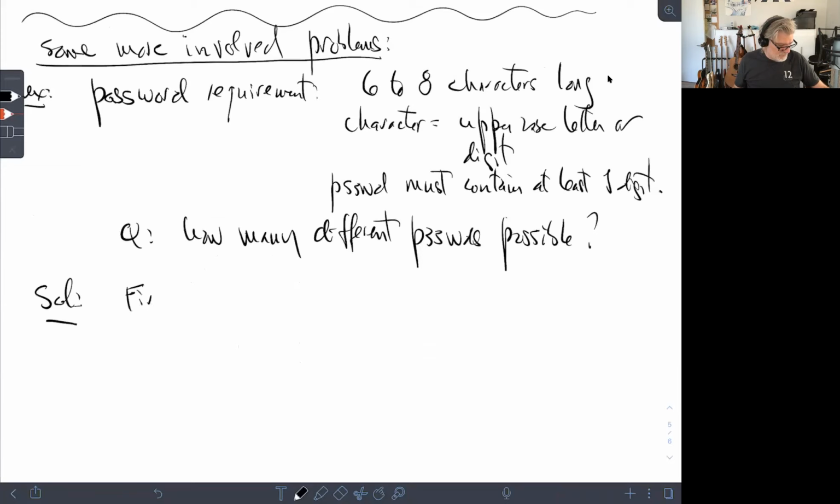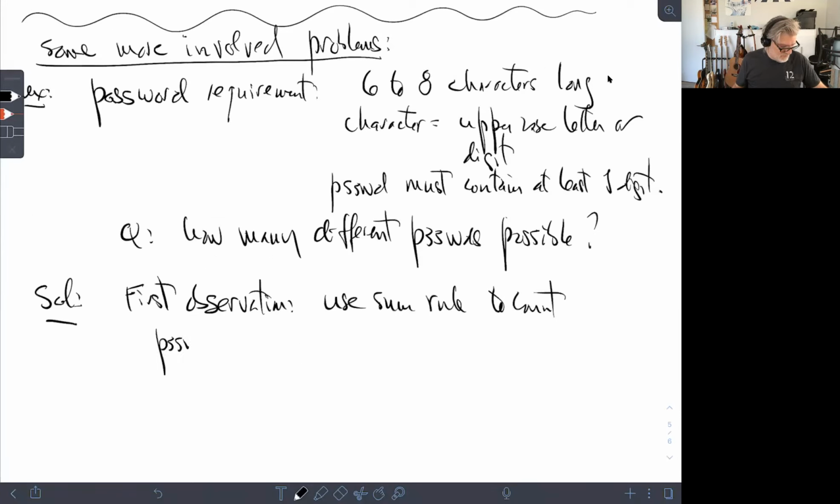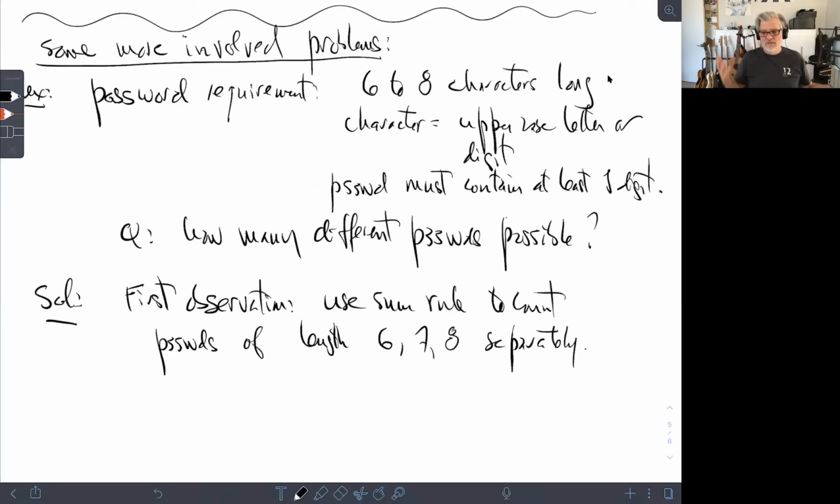So first observation, use the sum rule to count passwords of length 6, 7, 8 separately, right? The sum rule is a fancy name for just saying, I'm going to count those with 6, those with 7, those with 8, and add them up. There are no duplicates. They're all obviously distinct, disjoint sets, so I'm fine.